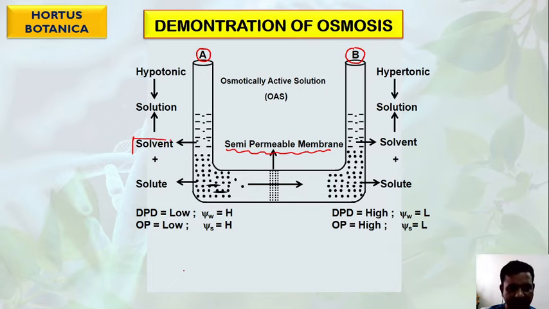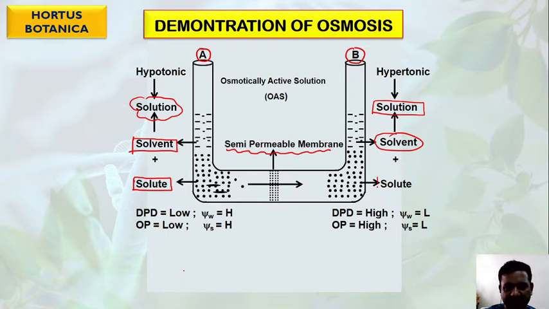We have a solvent, suppose water, and a solute, suppose anything you can take, either sugar or salt, and they form the solution. See here also in side B we have a solution made up of solvent as well as solute. But the big comparison is that on the B side we have more solute concentration. See, this is the highly concentrated solution.